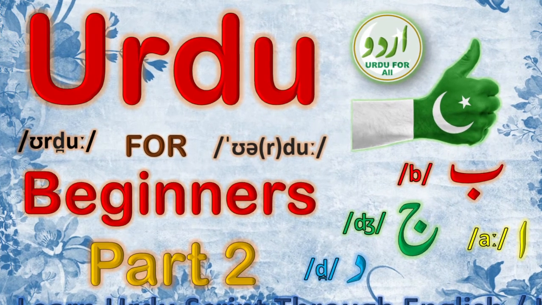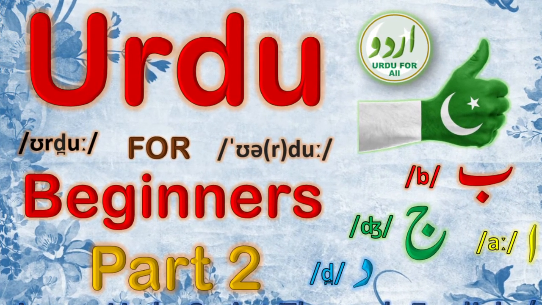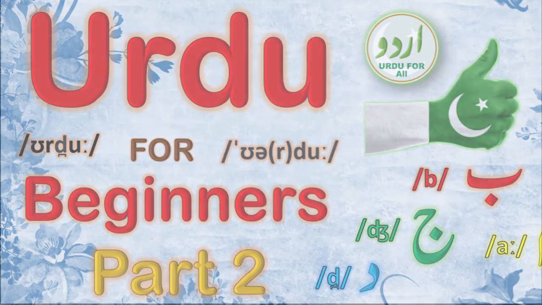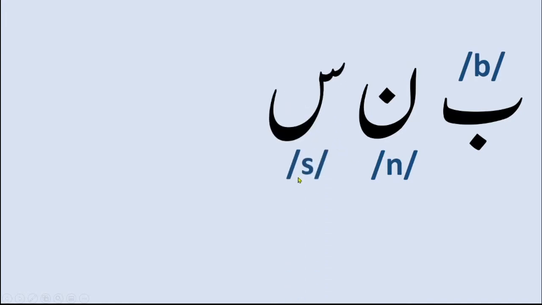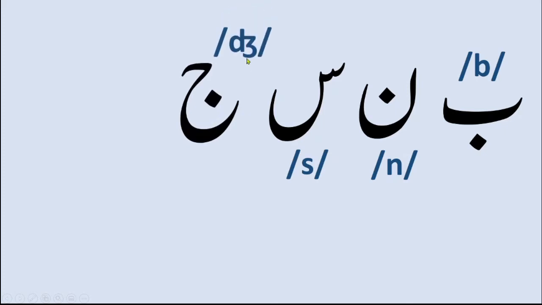Before we look at the new letters, let us quickly look at the letters we learned in the first video. Be, which gives you B sound, Noon, N sound, Seen, S, Jim, J, Alif in the beginning, silent, and in the middle or end, A sound.